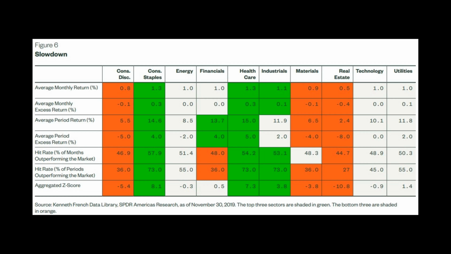Healthcare and consumer staples perform well, while discretionary and real estate underperform. Materials and energy are generally expected to perform well during a slowdown, but since 1980, these markets have been becoming more integrated with global markets due to globalization, so we tend to see this less frequently.